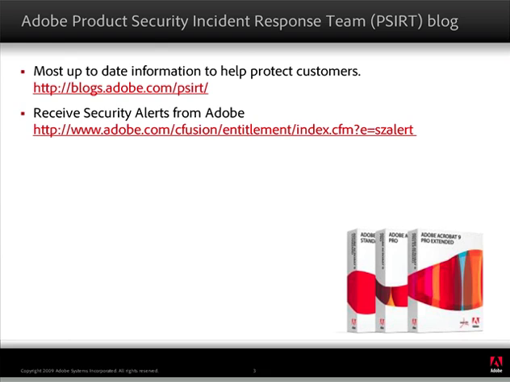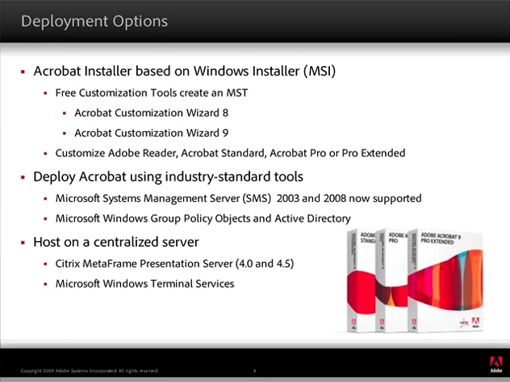So in terms of deployment options, with Adobe Acrobat, you can deploy using basically any MSI installer. It comes delivered with an MSI installer, and this will work with just about any of the tools that can work with MSI installers. We actually supply documentation for Windows SMS, that's Windows Systems Management Server, 2003, and now with Acrobat 9, we also support 2008.